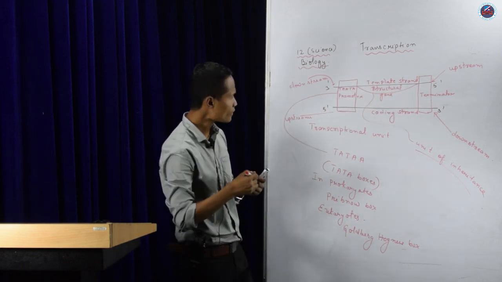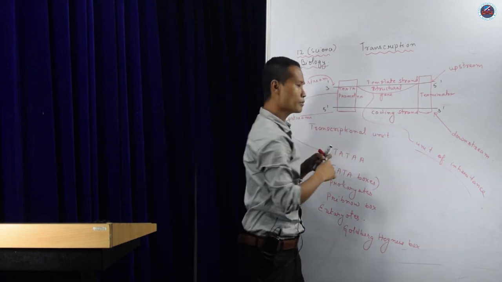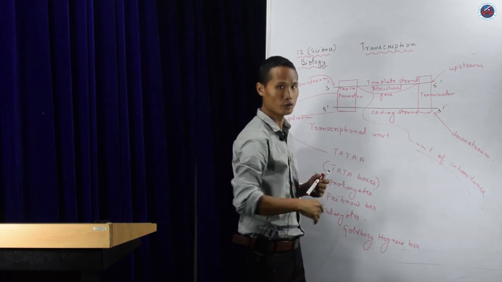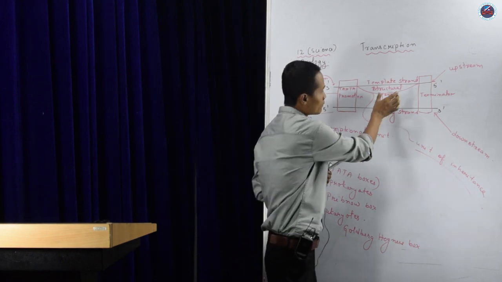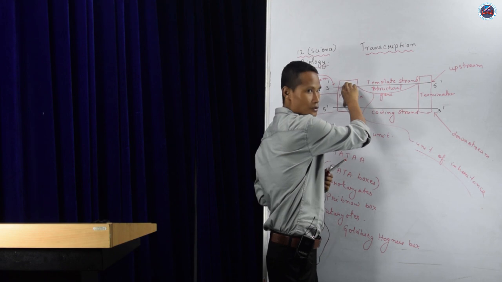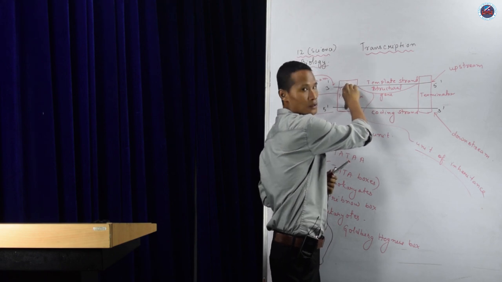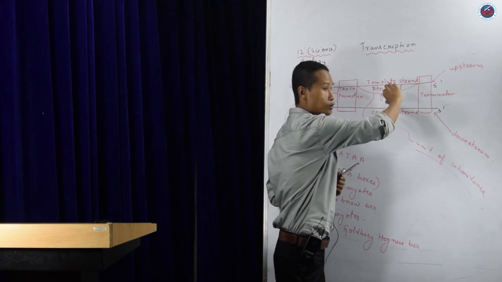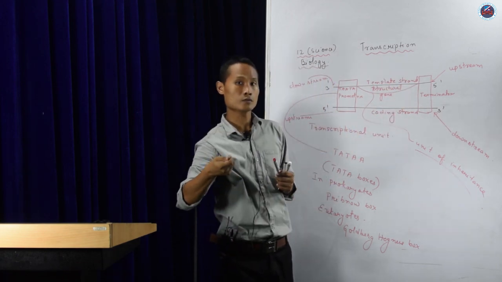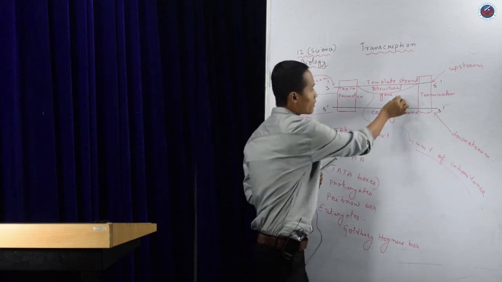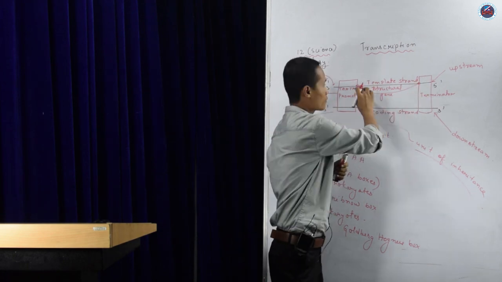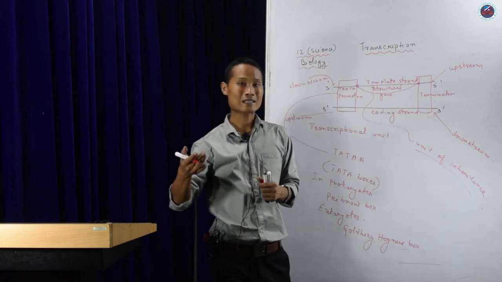Only the structural gene is responsible for the formation of useful protein. From this area the transcription starts, and this area codes for the amino acids. From this position to this position, the mRNA will be synthesized.